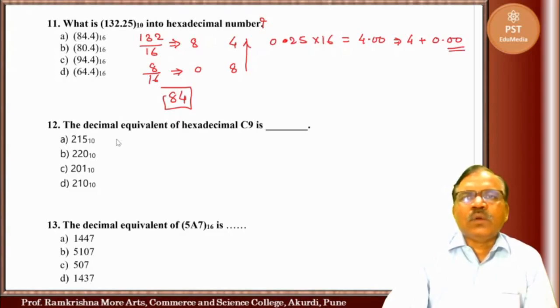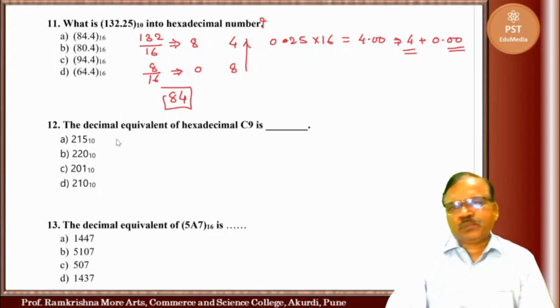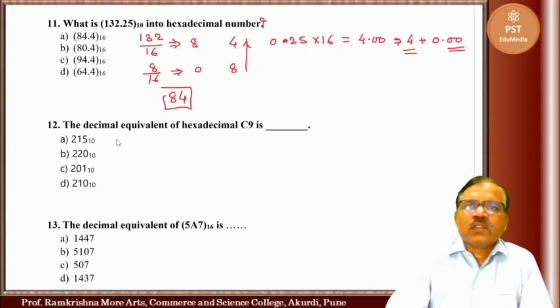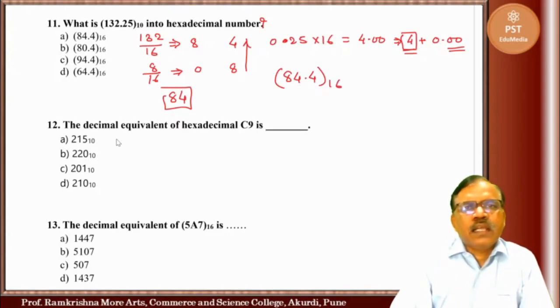Here the fraction is 0, so take only the integer, 4. So we get 84.4 to the base 16. So this first one is correct.